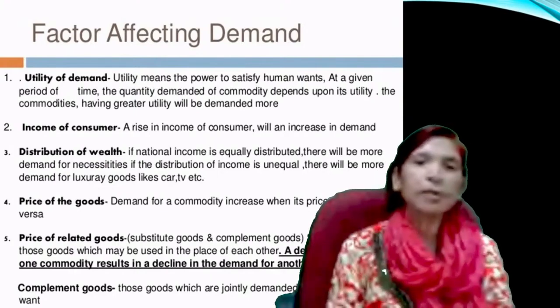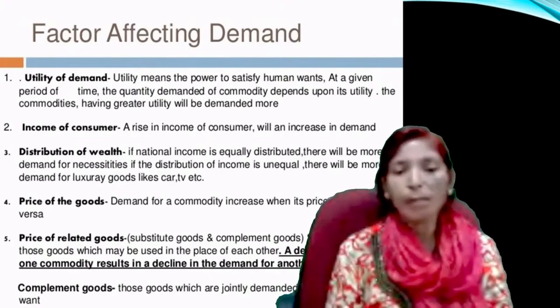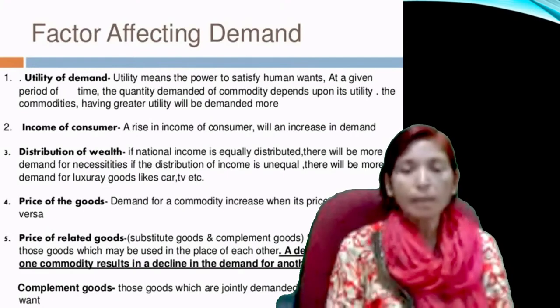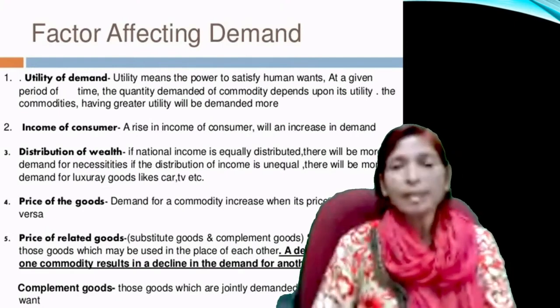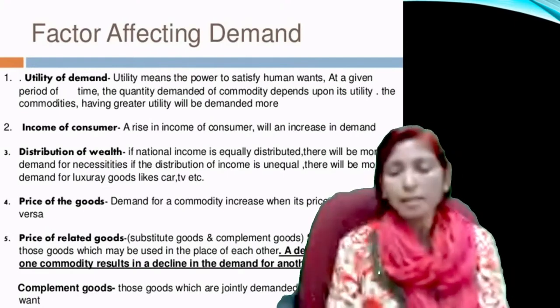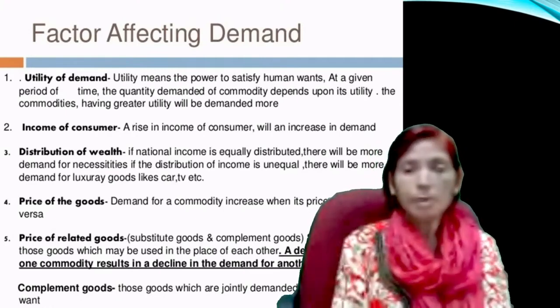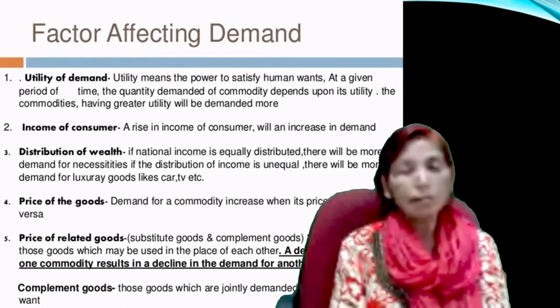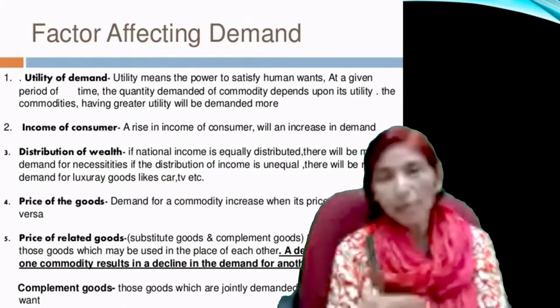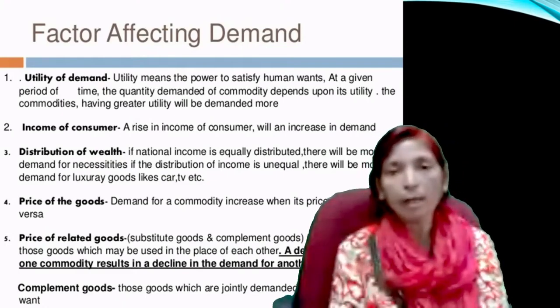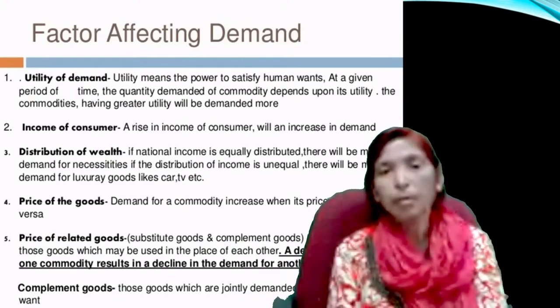And price of related goods, in which substitute and complementary goods are included. If the price of tea rises, then demand for coffee will rise. And if the price of a car rises, in case of complementary goods, then demand for petrol will fall. Because if the price of a car rises, people will not buy cars, so why would they buy petrol?